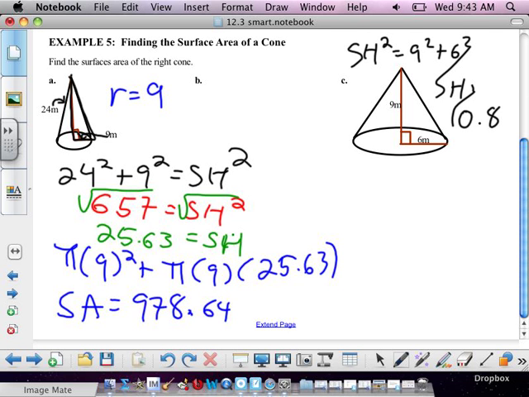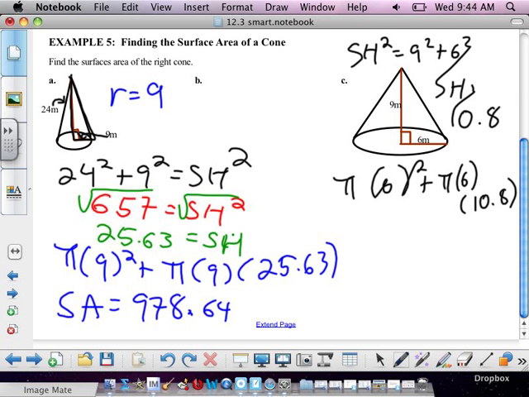We've got the radius equals 6. So it's pi times 6 squared plus pi times 6 times 10.8. And then just 3.14 times 6 squared plus 3.14 times 6 times 10.8.